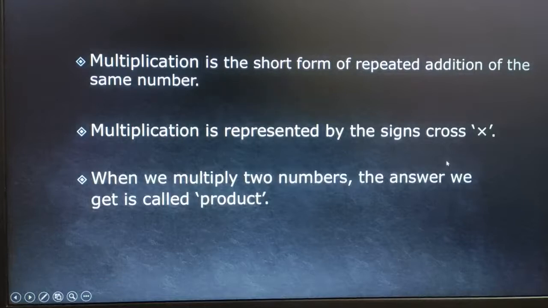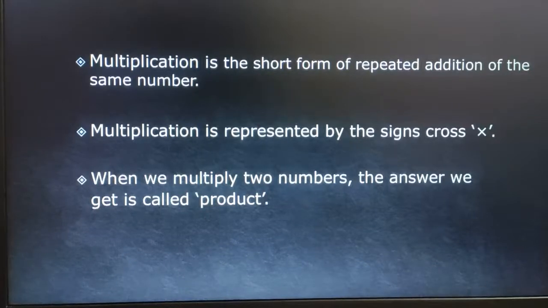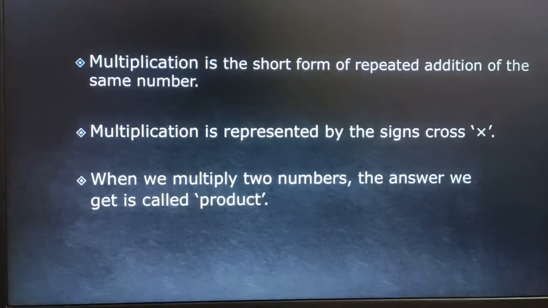When we multiply 2 numbers, the answer we get is called the product. Like when 2 numbers are added, the answer is called the sum. Likewise, in multiplication, the answer is called the product.